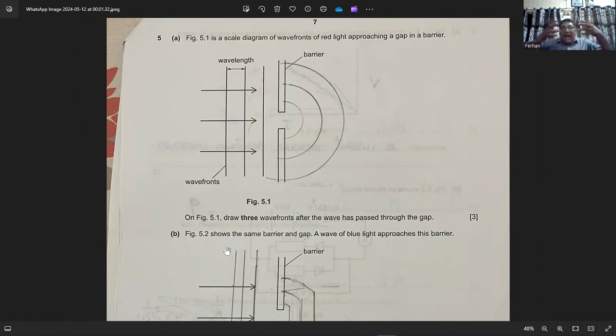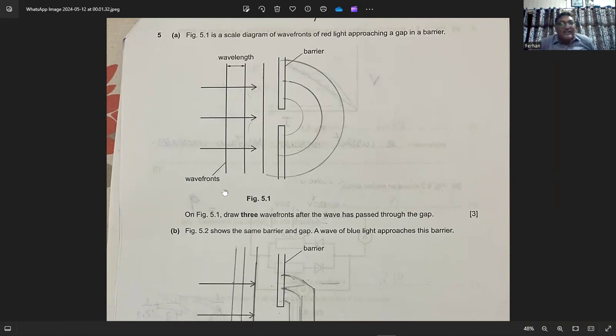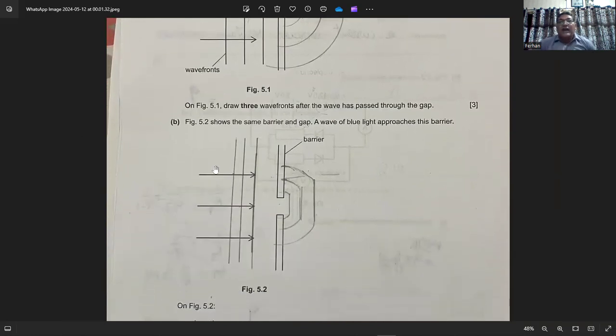And when the gap in the barrier is larger than the wavelength, the wavefronts in the middle remain straight, but the ends bend. So this is how you get this diagram and this diagram. This question is very important. This is the topic, diffraction of waves.